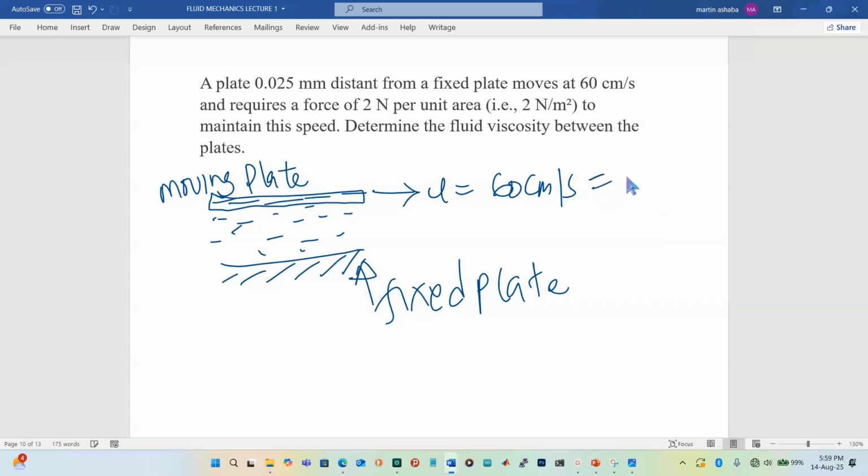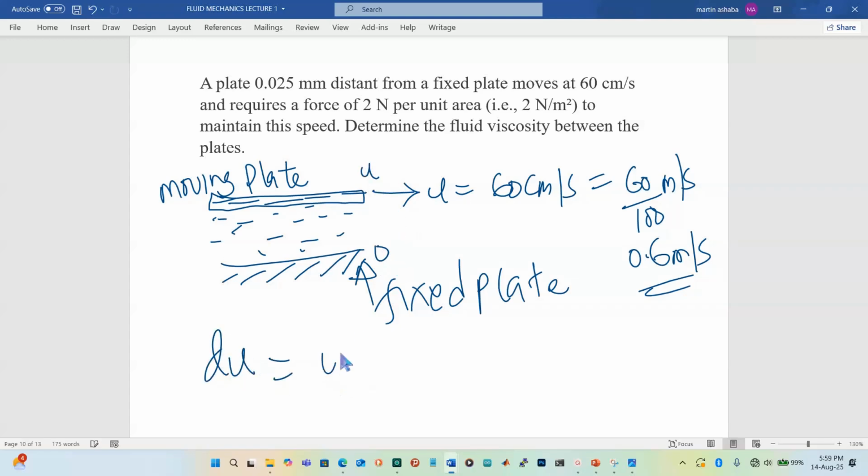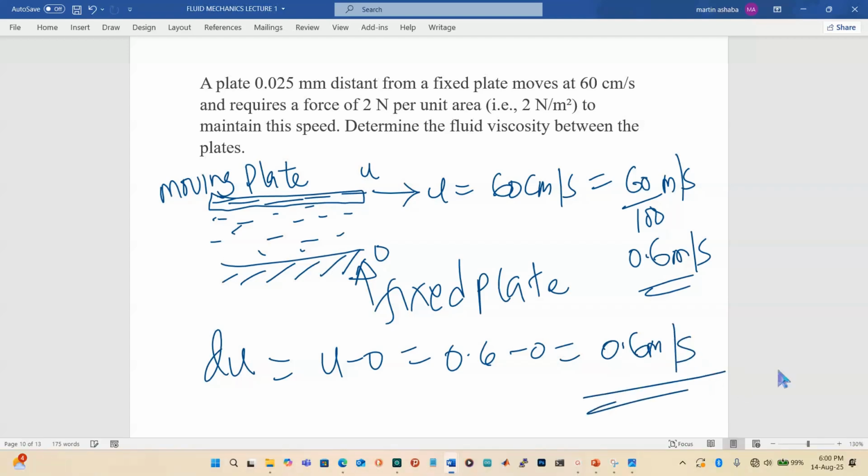This is 60 out of 100 meters per second, 0.6 meters per second. That will be the speed. Since it is moving, this one speed is 0 and this is u, so the change in speed du will be u minus 0. This becomes 0.6 minus 0, and du becomes 0.6 meters per second.